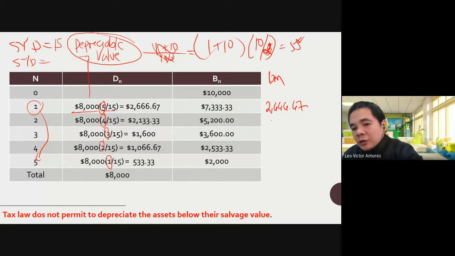This is 4,800 plus 16. This is 6,400. This is 64 plus 1066.67. This is 7466.67, and this is 8,000.